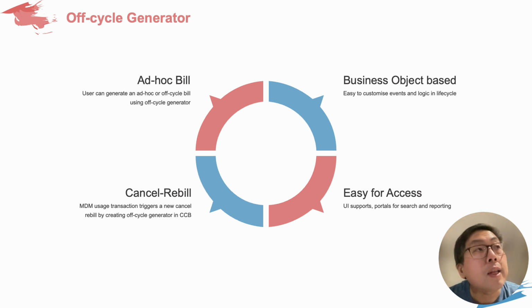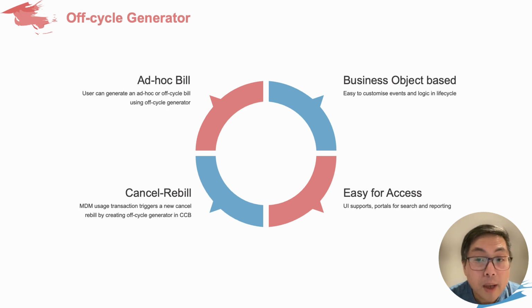And also you can define things like thresholds in the cancel rebuild. For example, if your billing change is within 1%, maybe there is no point in a cancel rebuild. All these things can be defined on the life cycle and also on the billing as well.